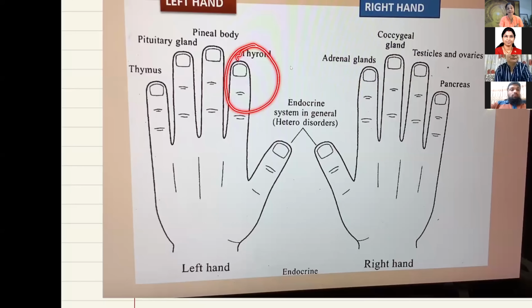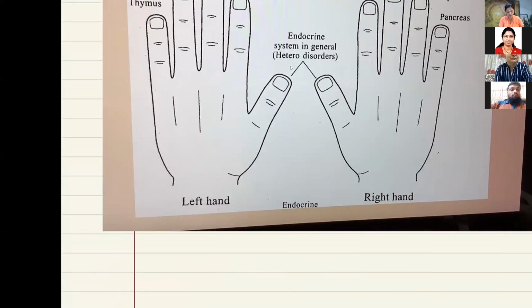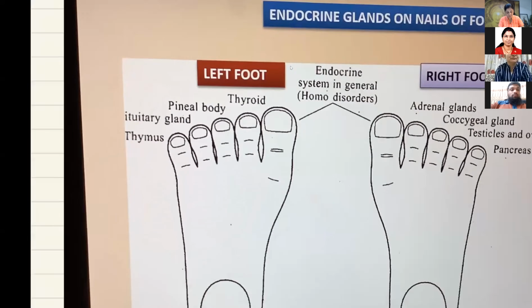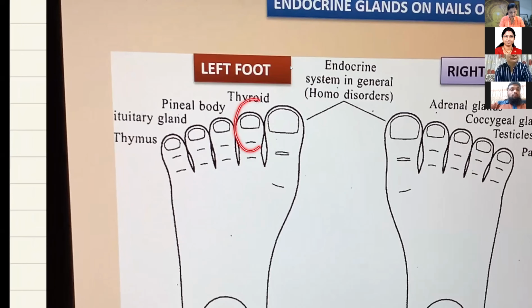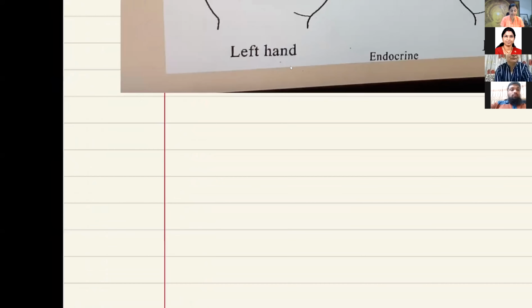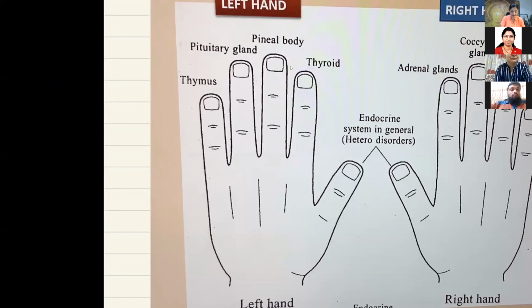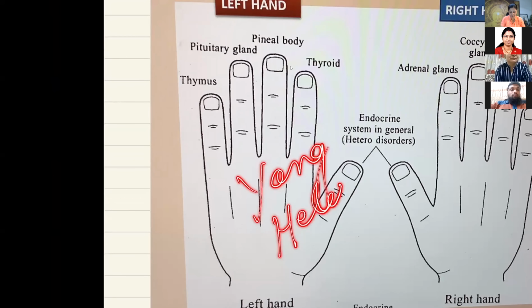Thyroid is located on the left hand index fingernail, and also on the left foot index toe. Okay, then in which condition? Because hand is yang phenomena, in our science we say hetero phenomena.